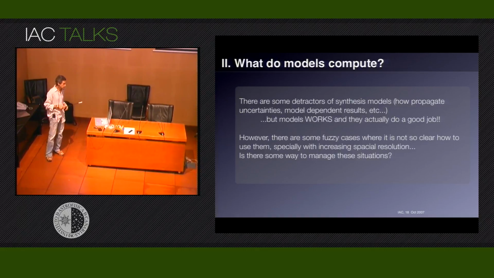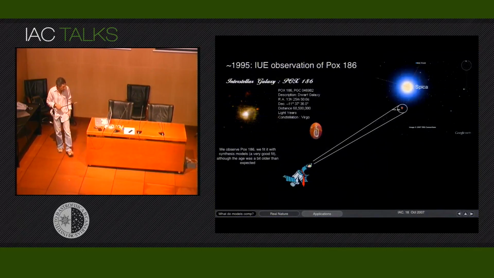And in fact, there are some fuzzy cases where it's not so clear how to match with population synthesis. So I will show you an example that helps us think about what is going on with what we are doing. This is a case that happened to me when I was doing my PhD.